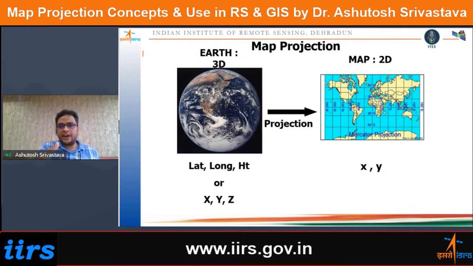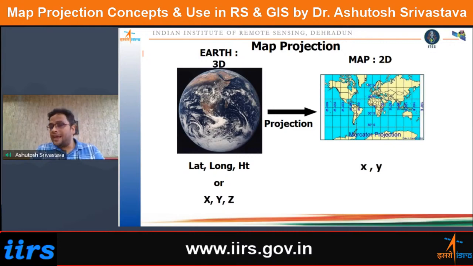Either we have the form x, y, z, or latitude, longitude, and height. We can convert x, y, z to latitude, longitude, and altitude, and the other way also. When three parameters are involved, it's a three-dimensional geometry.